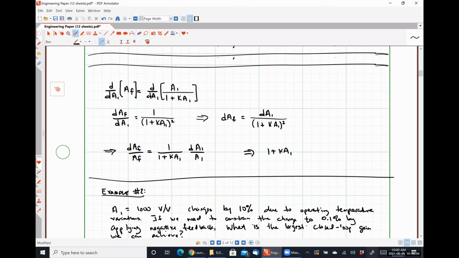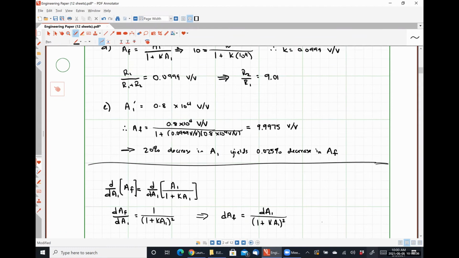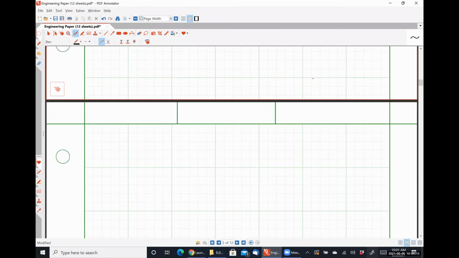If we did the math for our previous example problem using the formula that we developed, we actually see that we would get a 0.024999 or whatever. So there's a little bit of variation there at 20%. When we're talking about a 50% change in the open loop gain, that error grows. In the problem that we're about to deal with, the gain is going to change from 2 to 12. So that is a 600% change. So it's very obviously not going to be what we would consider a small change, okay?